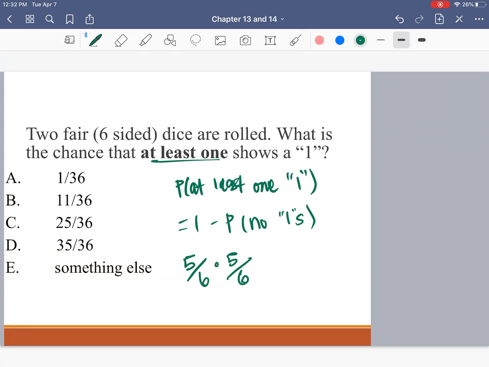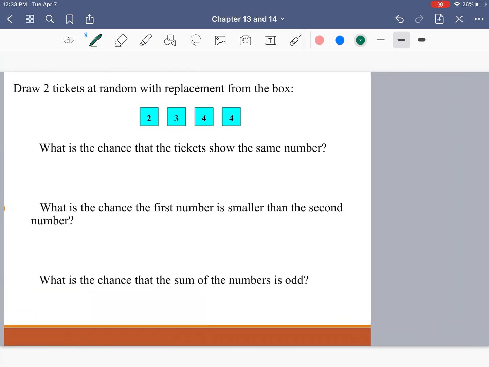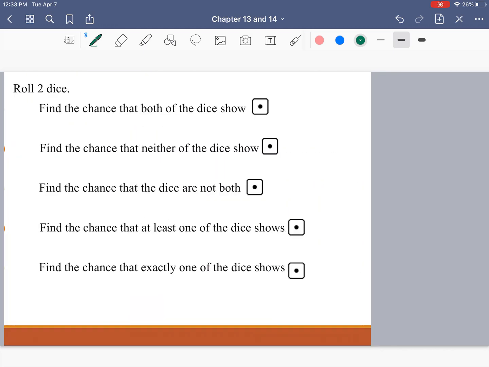So on the first die, we don't want a 1. On the second die, we don't want a 1. So on the first die and second die, there's no 1. There's our and, means multiply. And it's 1 minus this probability. So 1 minus 25 out of 36 makes 11 out of 36.